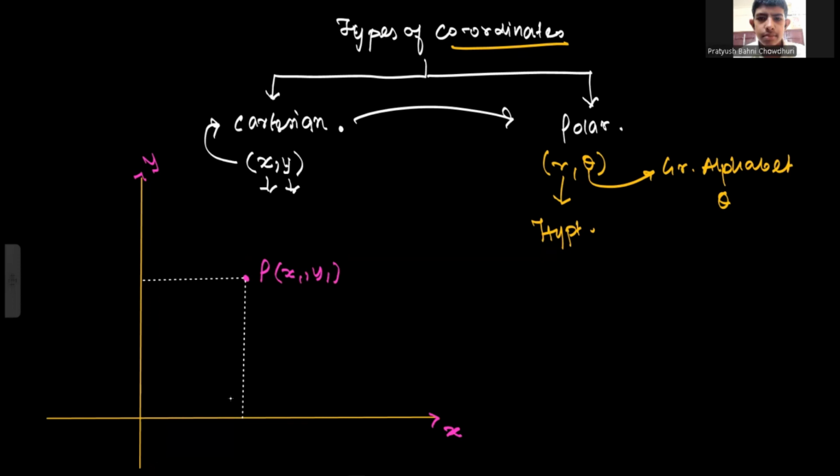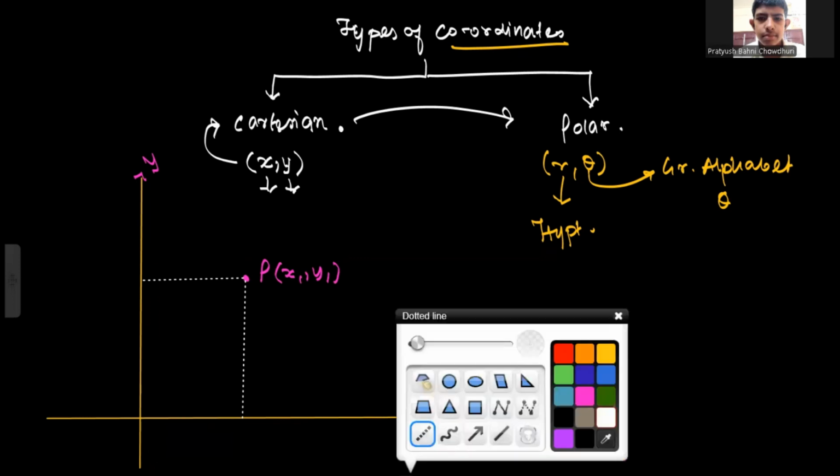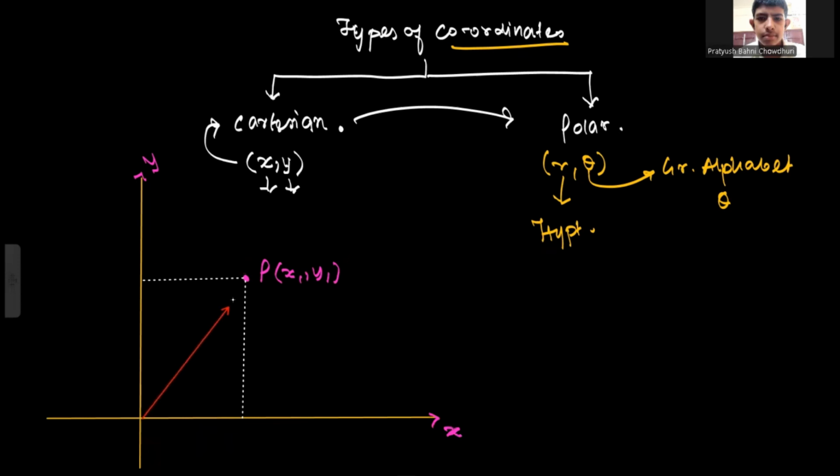Now what are r and theta? r is the displacement from the origin to the point. This is r. And what is theta? The angle between the x axis and r is theta.